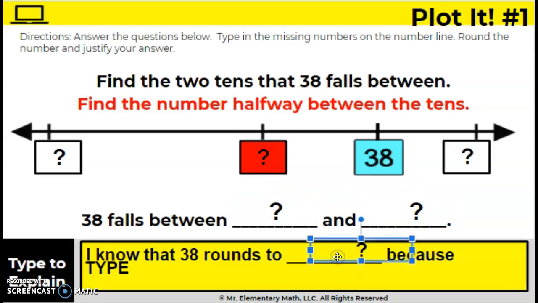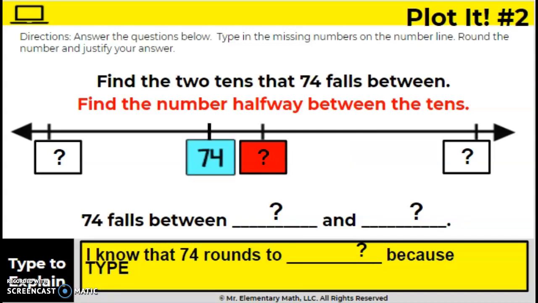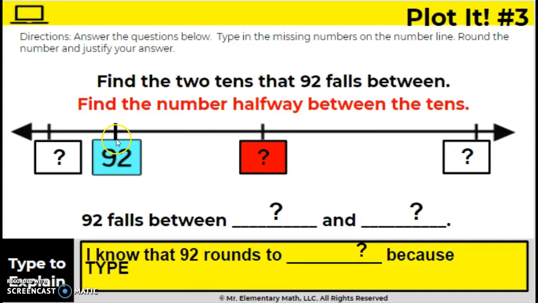You're going to know that 38 rounds to, and you're going to put that answer here. And then you're going to type an explanation as to how you came to the conclusion that that would be the number it rounds to. You can explain it based on what you did on the number line to support your answer. And you're only going to have 3 of those to complete today.